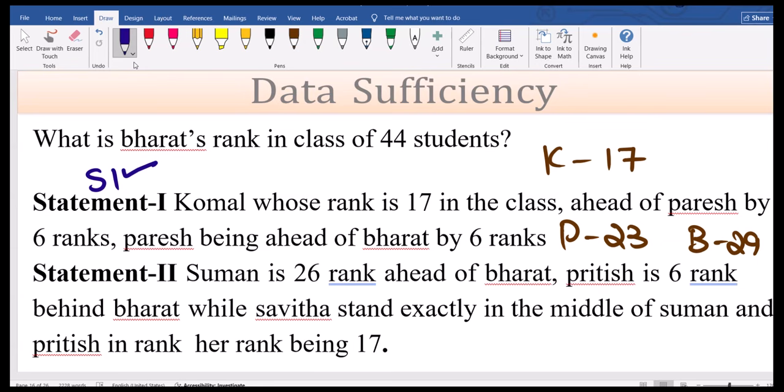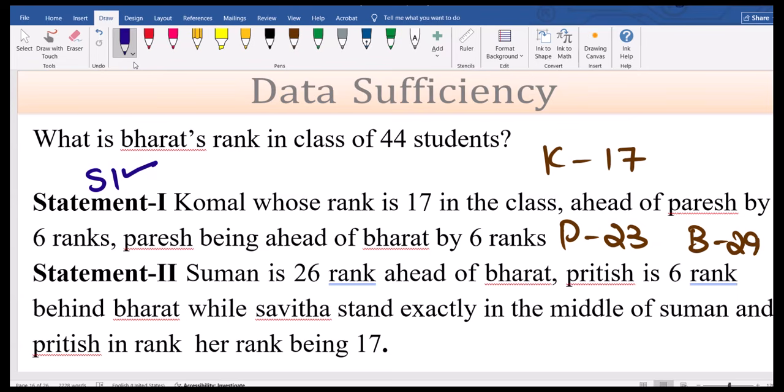Savita is in the middle of Suman and Pritish. Savita's rank is 17, right? When Savita's rank is 17, I can map to Pritish or Suman's rank. From Suman's rank, I can map to Bharat. What is the exact rank value? We don't worry. With that data, can I answer or not? Yes, I can answer. I know Savita's rank is 17.